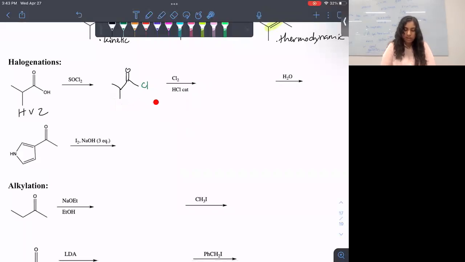Next, this spontaneously turns into the enol, and the alpha carbon now attacks one of the Cls. Then you just halogenate at the alpha carbon. So the enol equivalent of this molecule attacks one of the Cls, and we get one more chlorine on there.